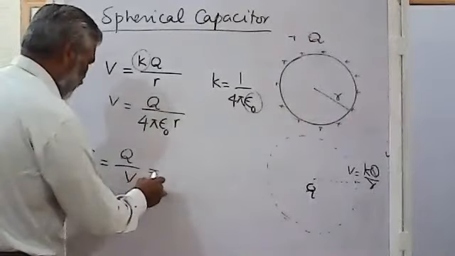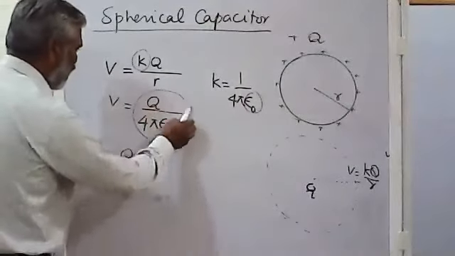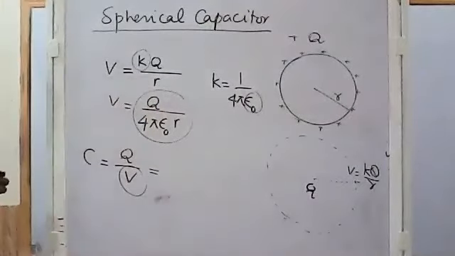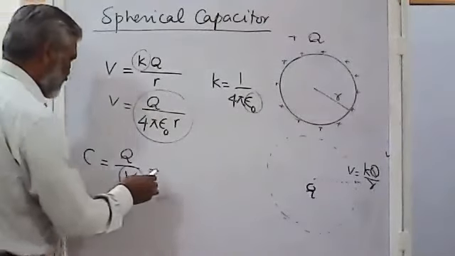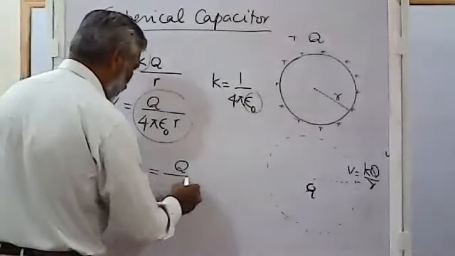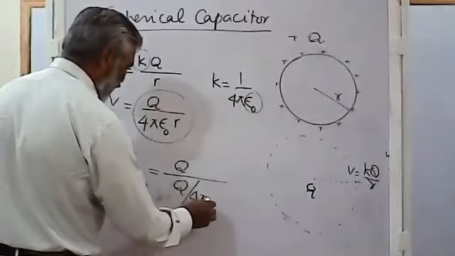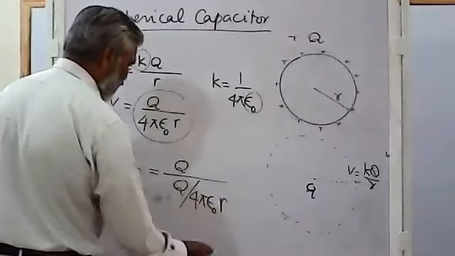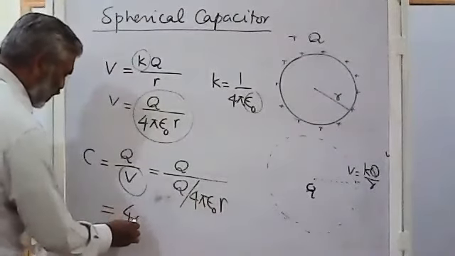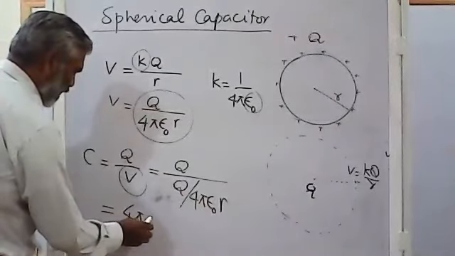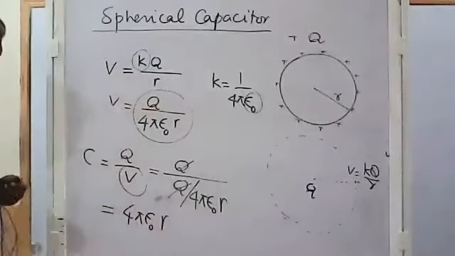So if you replace this V with this Q over 4 pi epsilon naught R for a spherical capacitor, the capacitance becomes Q over 4 pi epsilon naught R. So this all simplifies to 4 pi epsilon naught times R, because this Q gets cancelled with this.